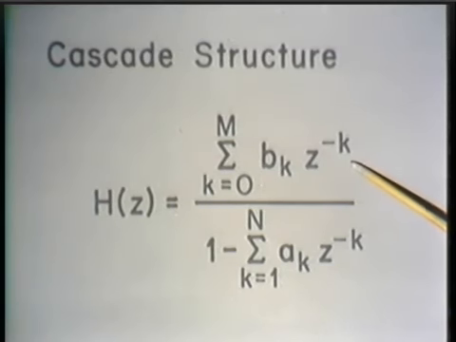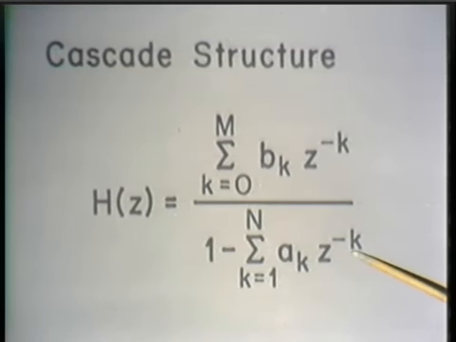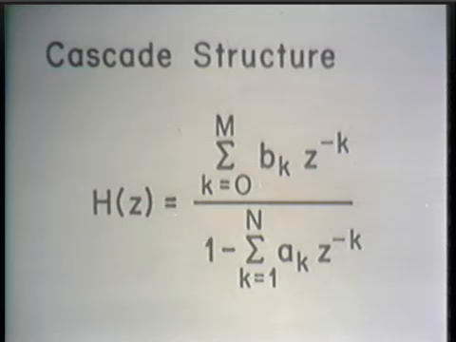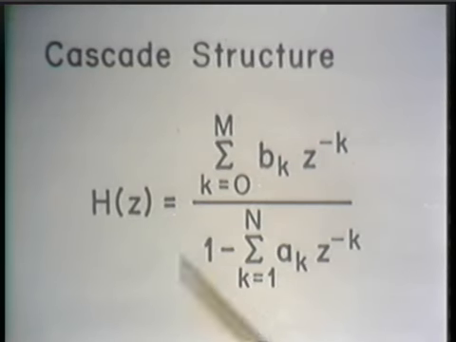In general, of course, these factors will be complex. We can combine together the complex conjugate zero pairs and the complex conjugate pole pairs so that, as a general cascade form, it's often convenient to think of a factorization of each of these polynomials into second-order polynomials rather than first-order polynomials.